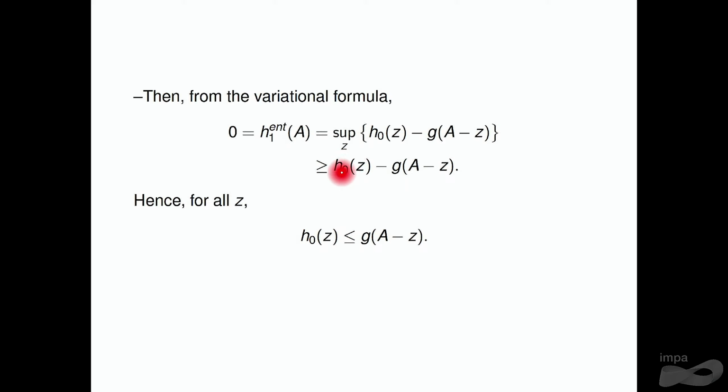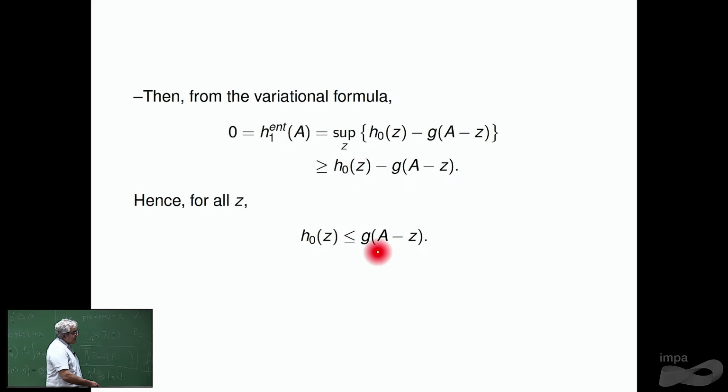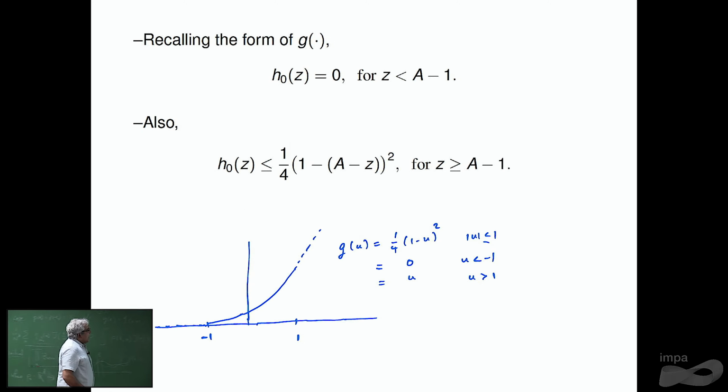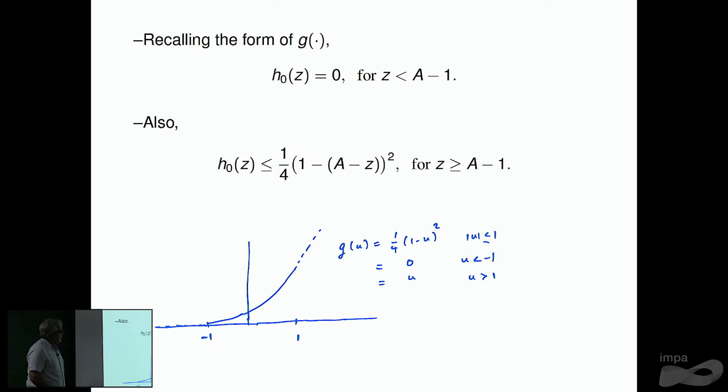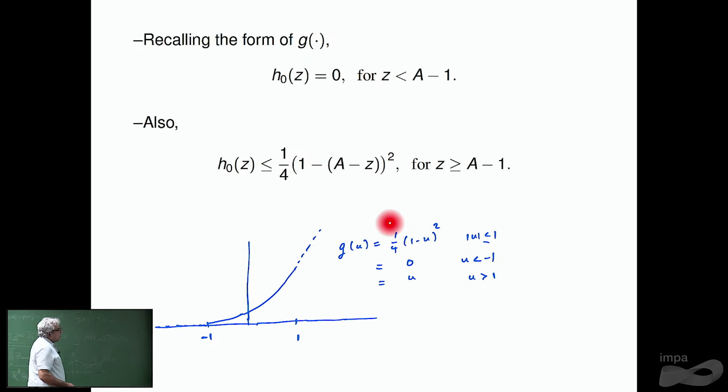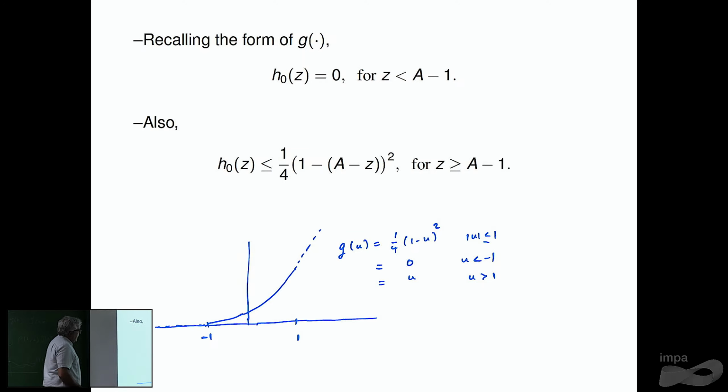So in particular, this is less than this explicit function. Here I just drew what g was, and remember h0 of z is the height function initially.